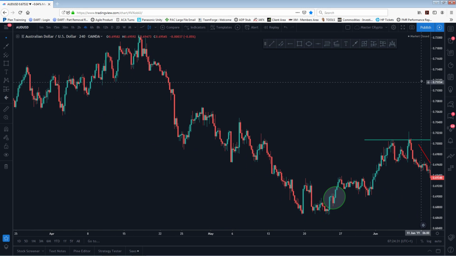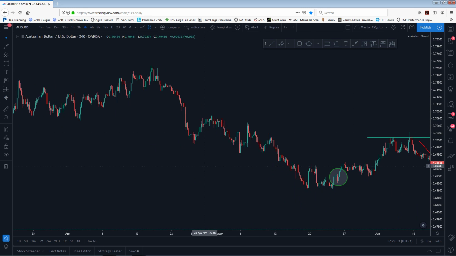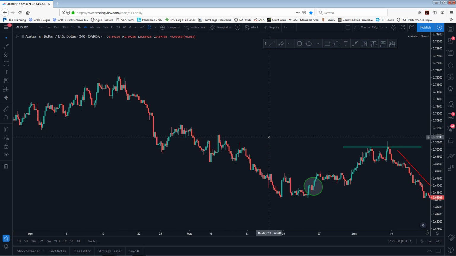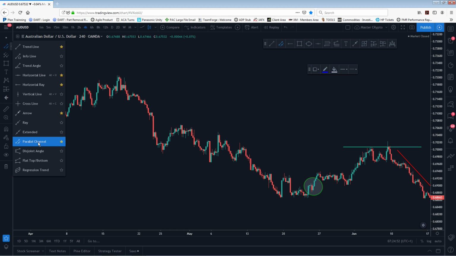This is kind of a steep fall. I just started studying this pair too because I usually trade Bitcoin, but that's a little more complicated and I don't want to introduce that to you right now. This is the channel tool, and if you don't have it, it's under here, channel, parallel channel, and star it, and it'll come up here.